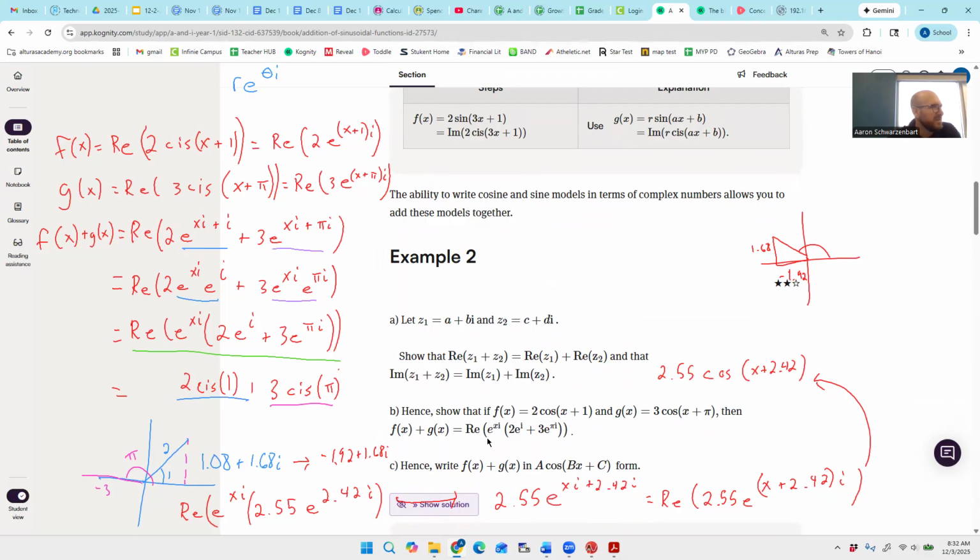You're still not going to have an i in your answer. This is a little trick of going into polar and Euler form of complex numbers so that we can do some of these rules, and then we bring it back to sine or cosine. You're solving the problem as if it was polar form of complex numbers, but it isn't actually.